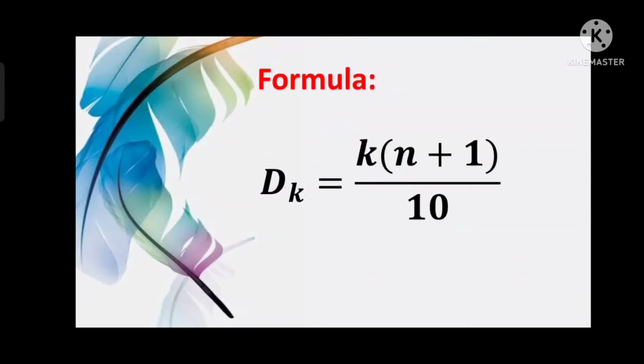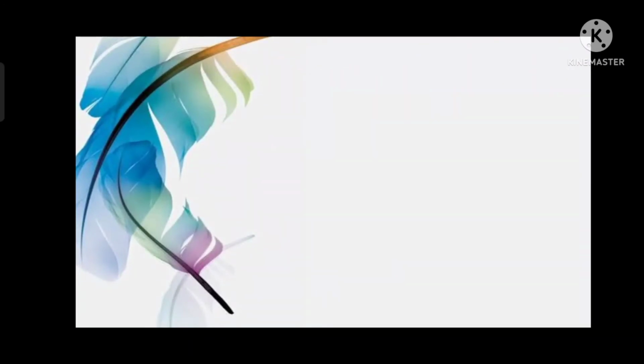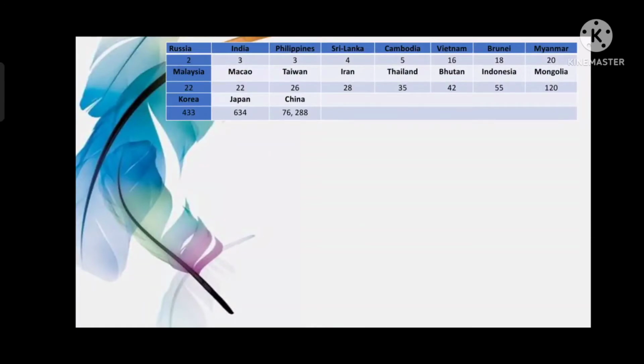So we have the formula where Dk, or D sub k, is equal to k times the quantity n plus 1 all over 10, where k is the kth term and n is the total number of data. Now, looking back at the table, solving for D4, we have 4 times the quantity 19 plus 1 all over 10.